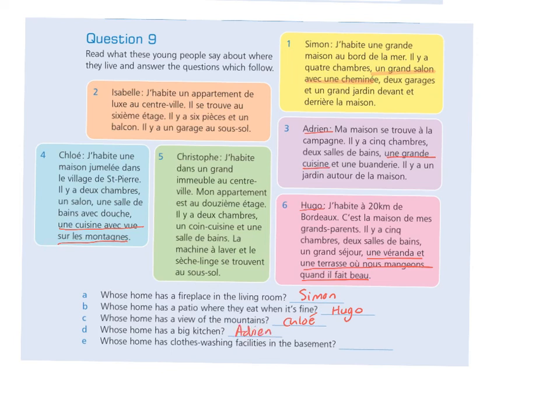And whose home has clothes washing facilities in the basement? Christophe. He has la machine à laver, se trouve au sous-sol. So remember, your machine à laver is your washing machine, and your sèche-linge is your dryer. And that's Christophe.